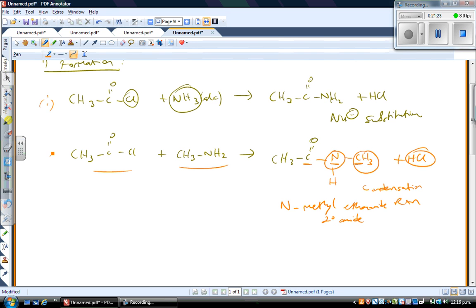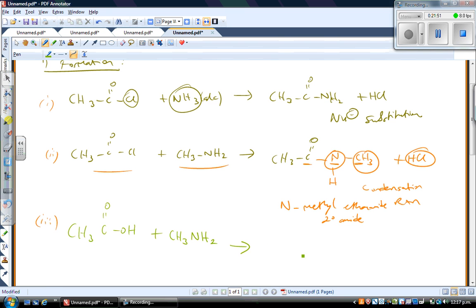And the third way, which is not referred to quite often on exam papers, but I did find a question on it in one of the exam years, was formation from a carboxylic acid. So from a carboxylic acid, we'll use ethanoic acid. You can react it with an amine as well. So we'll use methylamine again, or aminomethane.